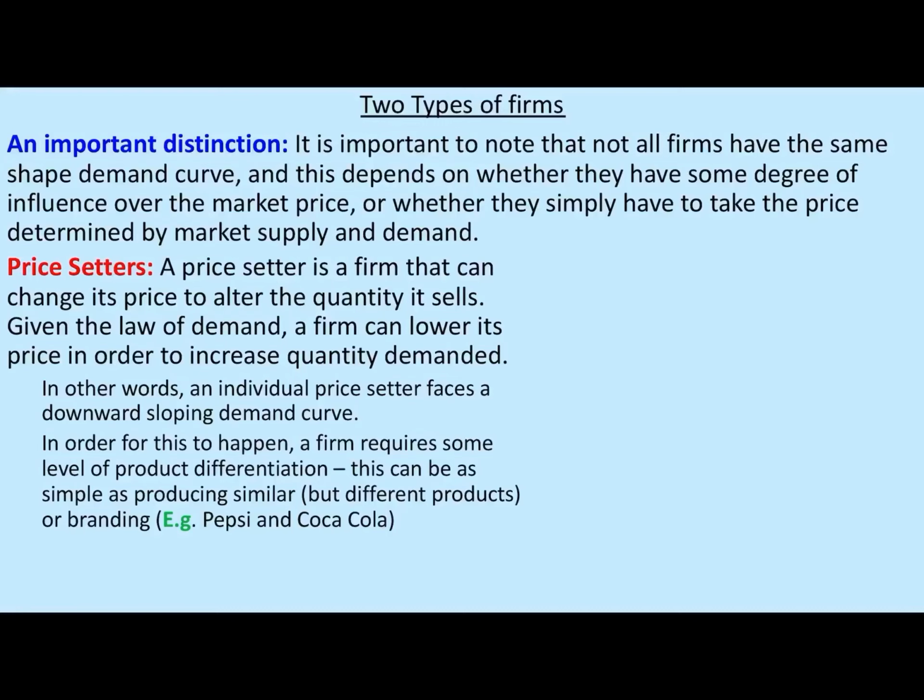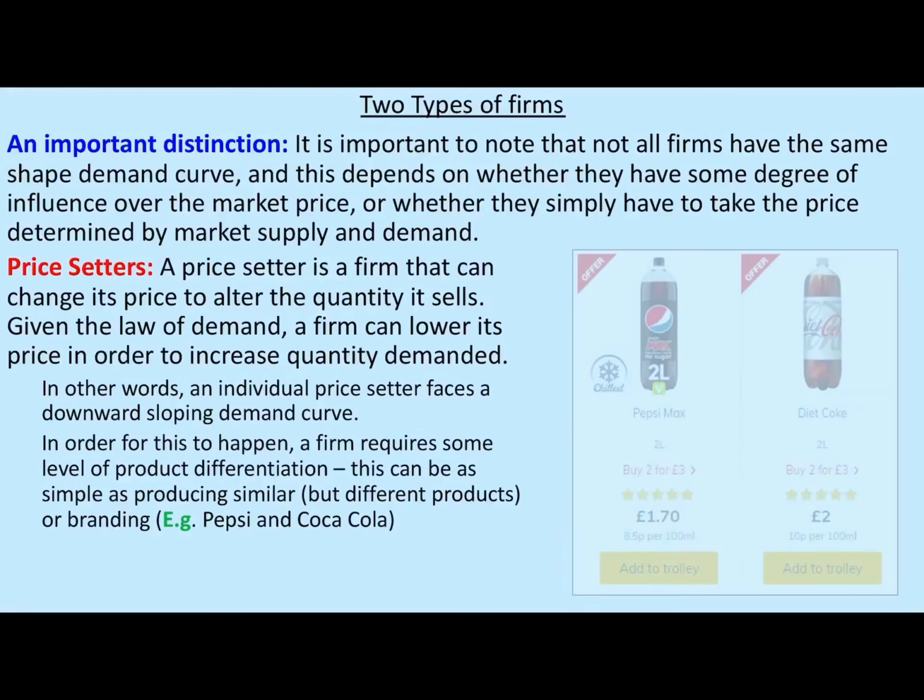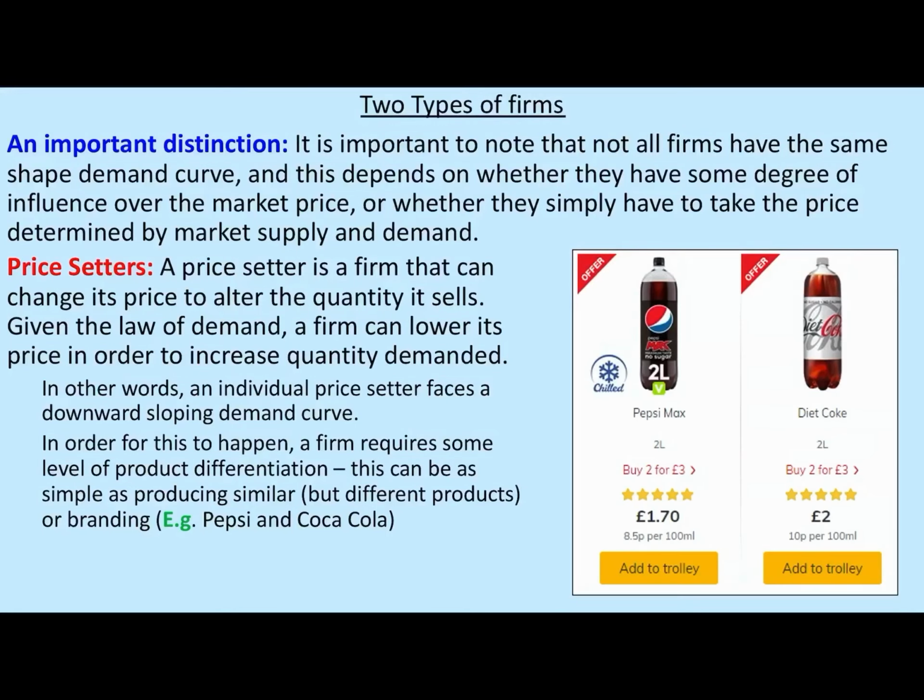A good example could be perhaps Pepsi and Coca-Cola. If we look at these two prices for 2-litre bottles of Pepsi Max and Diet Coke, the Pepsi Max sells for £1.70 for 2 litres, whereas the Diet Coke sells for slightly more, £2 for 2 litres. That implies that Coca-Cola has slightly more price setting power than Pepsi.